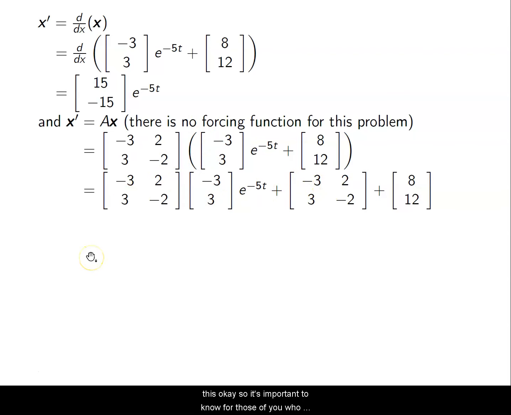Okay, so it's important to know, for those of you who have not taken linear algebra or are not familiar with matrices, if I am multiplying a matrix times something on the left hand side, when I distribute that, this matrix needs to always be on the left hand side of my distribution. So for instance, I could not have this and then these two be swapped.